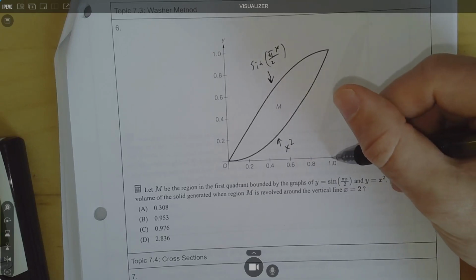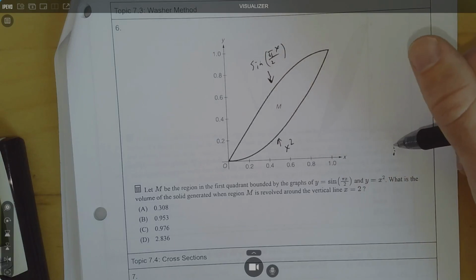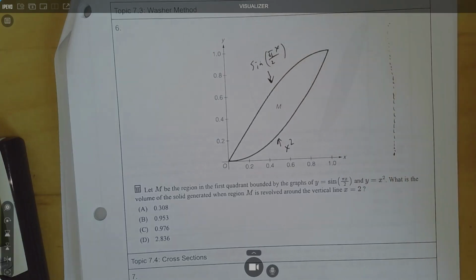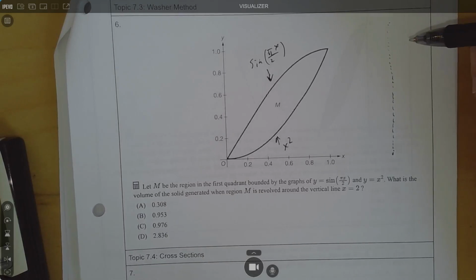So we're going to go over here roughly. It's going to go up like this. Okay. This is going to be kind of a challenging one, but we'll take our time.